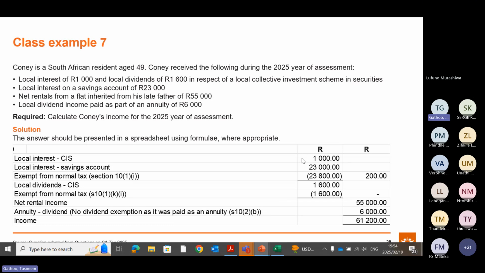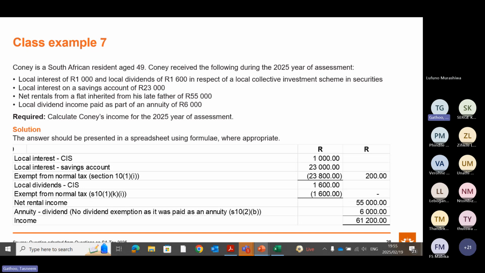So here, what you're saying is your gross income of interest, your total gross income was the 23,000 plus the 1,000, which gives you total local interest income of 24,000. Minus the 23,800 gives you the 200. Oh, I didn't do the addition of the 1,000. No, it's okay. Okay, cool.